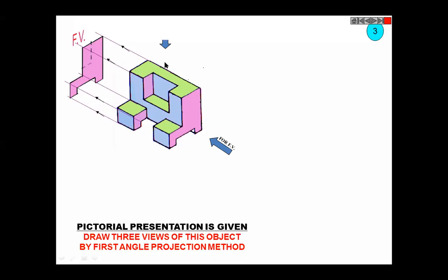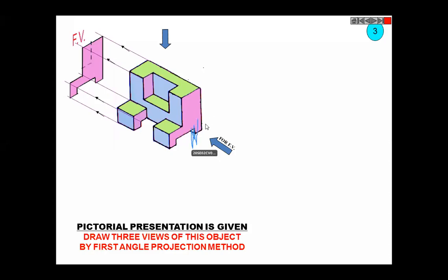Mark it here. Anyone else? Quickly mark it.